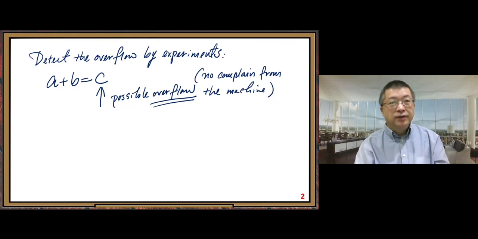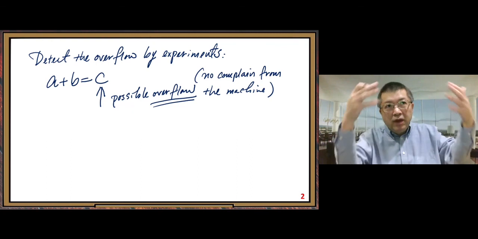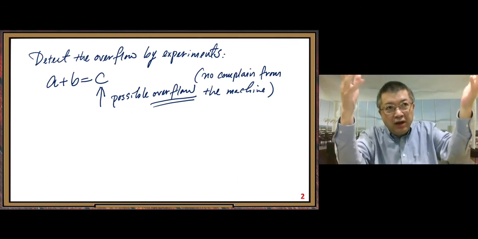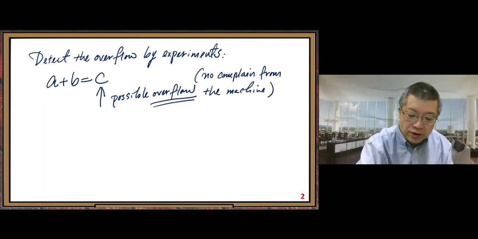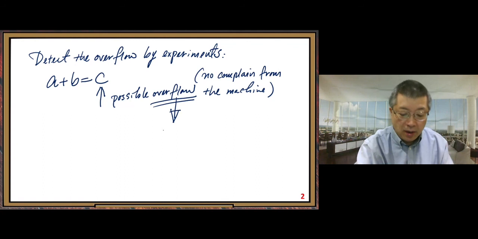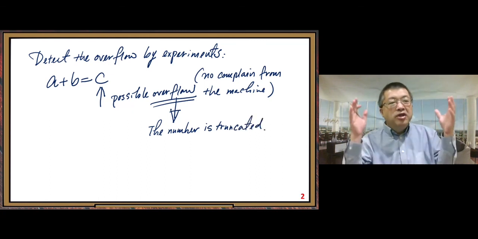You do not know it. You just keep getting numbers. But when overflow happens, the number is truncated.